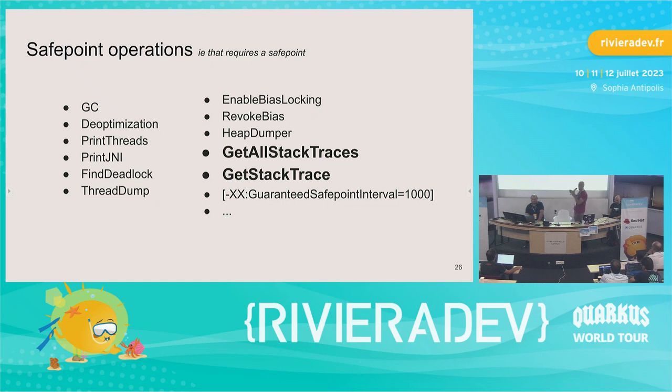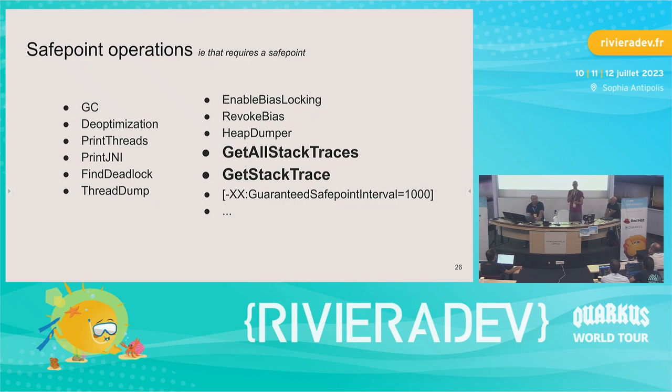And the reason why I'm talking about this is because of GetAllStackTraces and GetStackTrace. They will issue a global safepoint. I didn't tell you global and local just for the people that already know about it. But the idea is that these two pieces of information, as I told you, are profiling data: collected stack traces, samples of stack traces in which a specific resource is used.